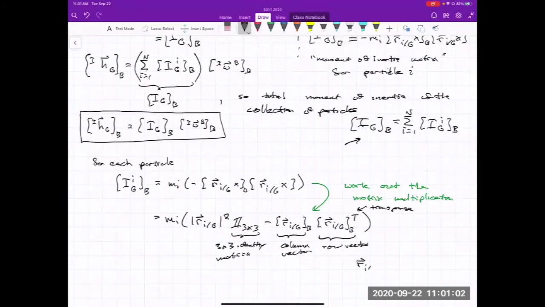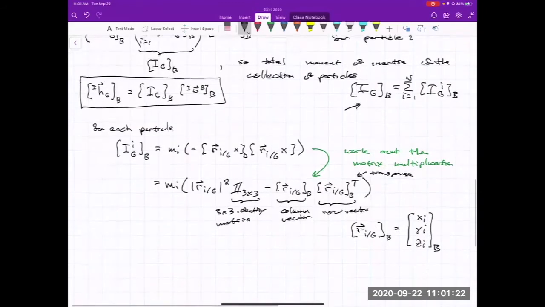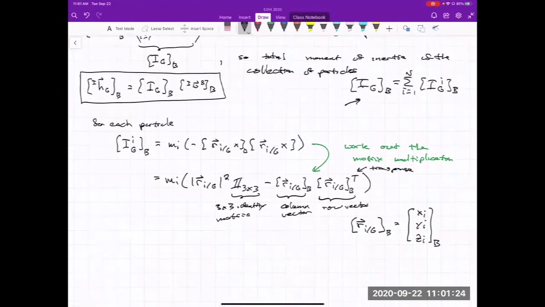And so r_iG is just the location of particle i with respect to some point, like G. So this is going to be like x_i, y_i, z_i for the ith particle. Okay.